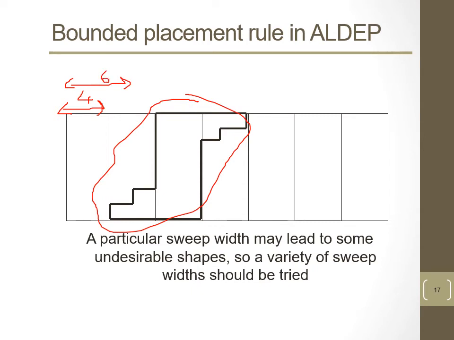Your lanes will be like this: this will be the first lane, this will be your second lane, and so on. Then you will end up with a different departmental shape. So you can try different sweep widths, end up with different layouts, and select the best one of them.